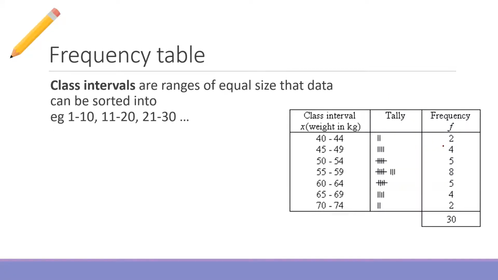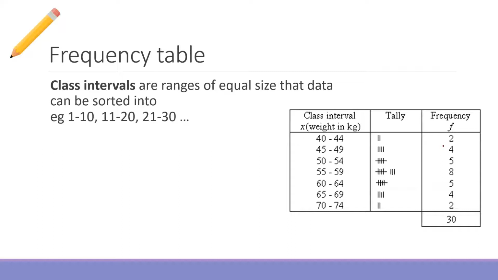This is our next idea: class intervals. Class intervals are ranges of equal size that data can be sorted into. For example, they can be sorted into ranges 1 to 10, or 11 to 20, or 21 to 30. These are class intervals.